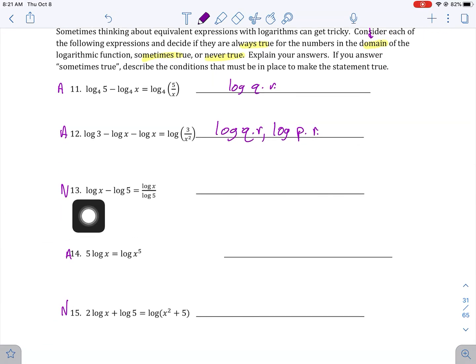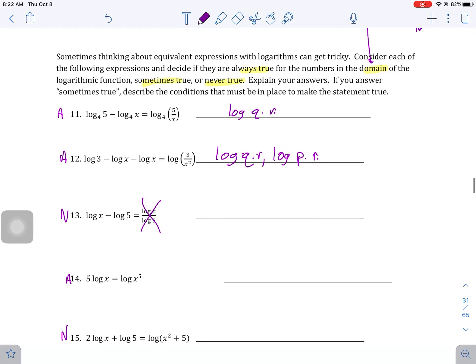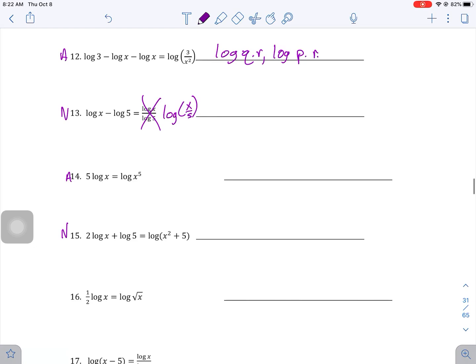This one is never true, okay? The log of x minus the log of 5 is not equal to the log of x divided by the log of 5. I think that this one, the person is confusing it with the log of x divided by 5.